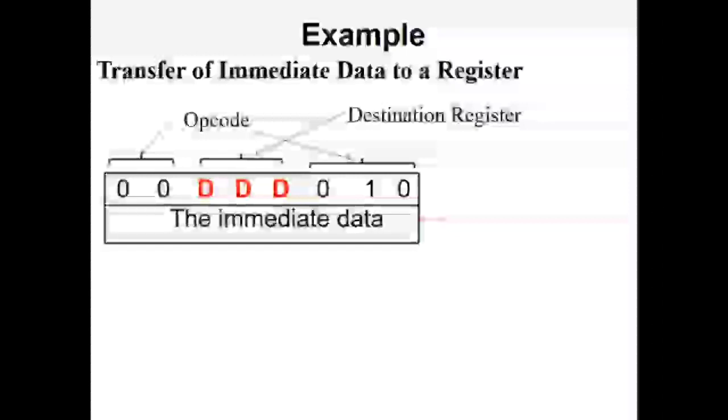Then somewhere in the middle, the DDD stands for the register where we are putting the data. And then we mention the data itself in the second byte. So that is the immediate data.